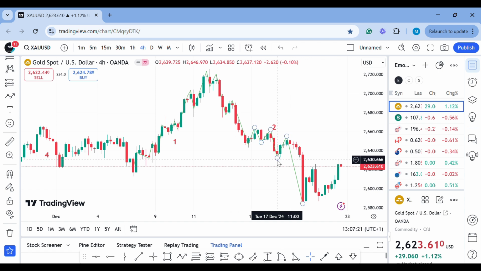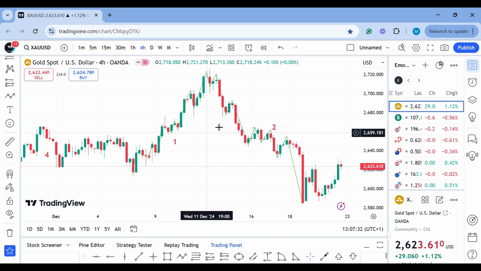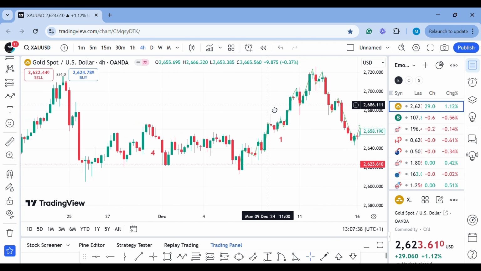You understand? So we've seen the first wave pattern in a bearish movement, which is what the market is doing here. This is the first wave pattern. And in a bullish movement, this is the first wave pattern. And the second wave pattern in a bearish movement.